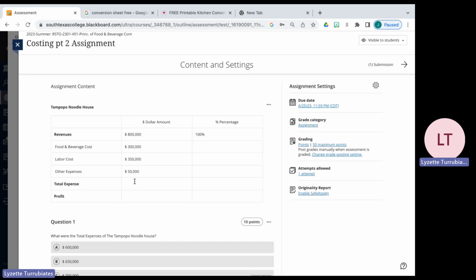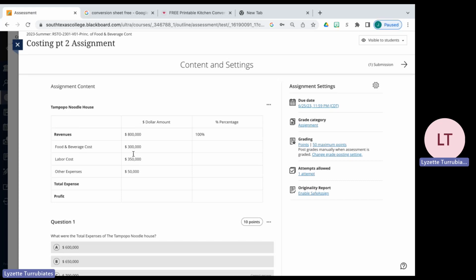We're going to take our revenue, and now we're going to take these specific costs and divide them by our revenue. So if, for example, our food and beverage cost was 200,000, we're going to divide that by 800,000.